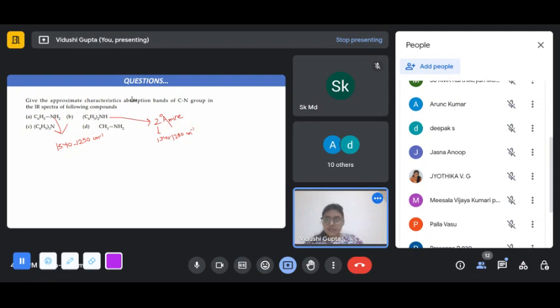Now here three phenyl rings are attached to nitrogen. It's a tertiary amine, nitrogen attached to three carbons. So here the range will be 1360 to 1310.